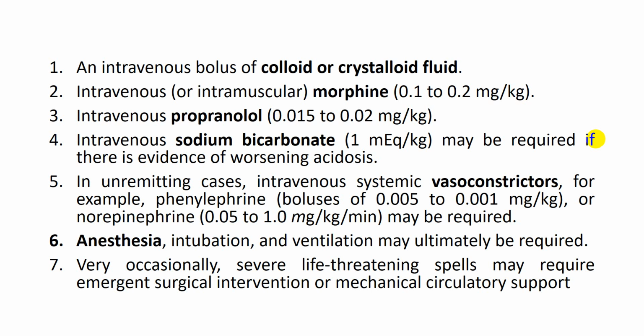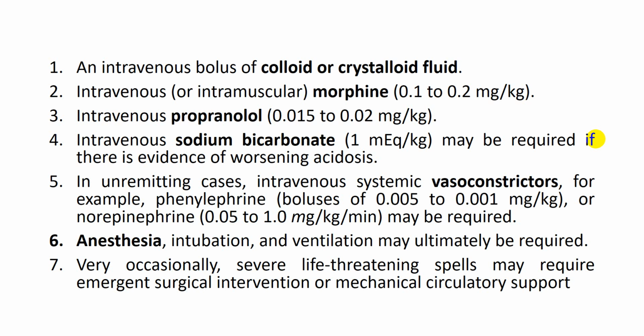The second step is administration of intravenous or intramuscular morphine in a dose of 0.1 to 0.2 milligram per kg. This is again for relief of anxiety and pain, and that will decrease the tachycardia and the catecholamine release.